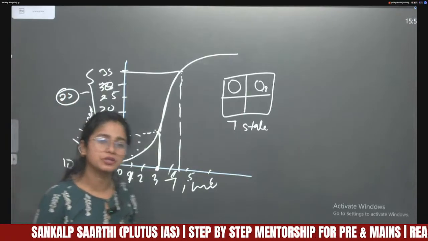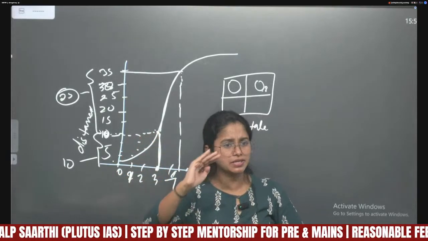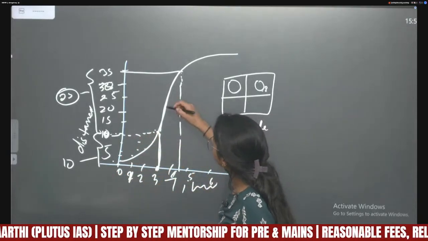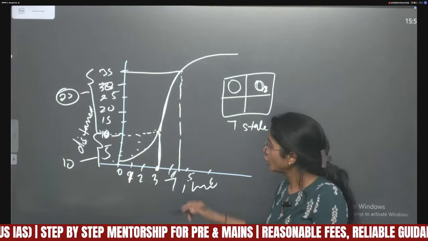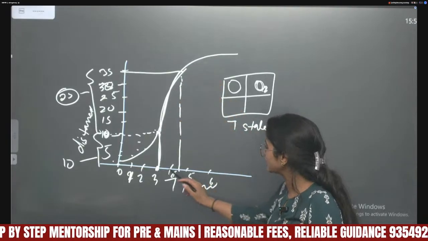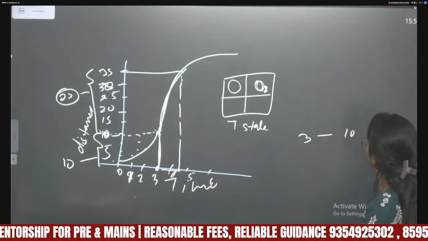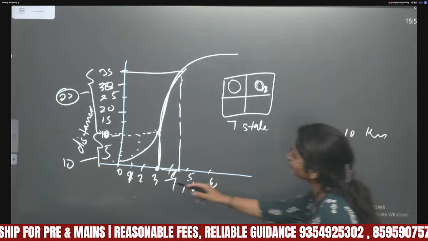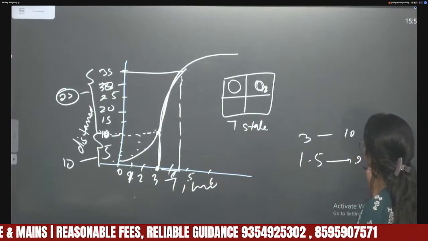So what it shows? It shows initially your affinity is gradually increasing, right? But after attachment of the 2 oxygen molecule with the hemoglobin, your affinity is drastically increasing within a very small amount of time. यहाँ पे 3 seconds में वो 10 kilometers cover कर रहा है, और यहाँ पे सिर्फ 1.5, 3 से 4.5, right? 1.5 में वो कितना कवर कर रहा है, 25.